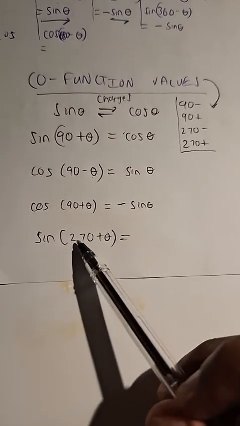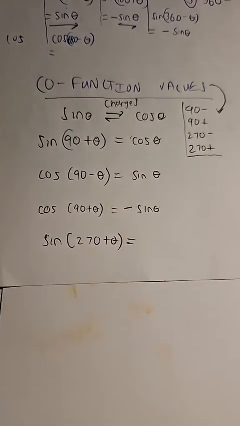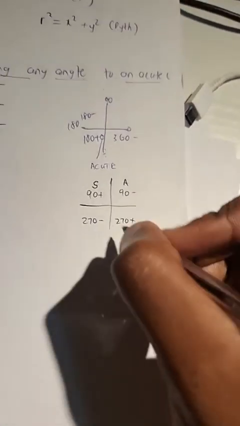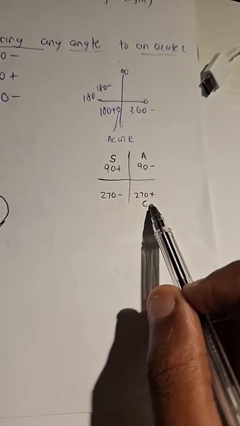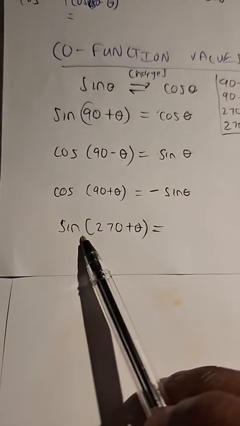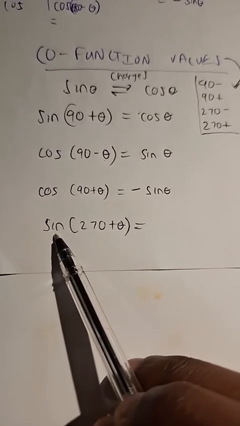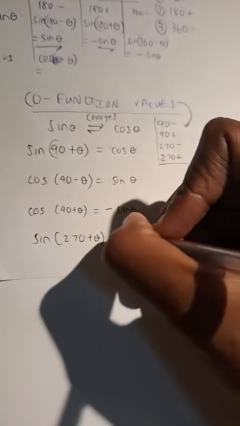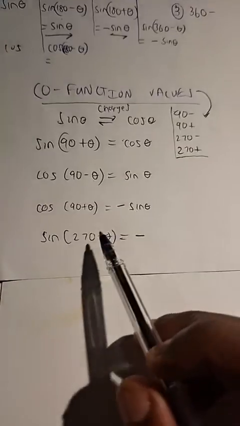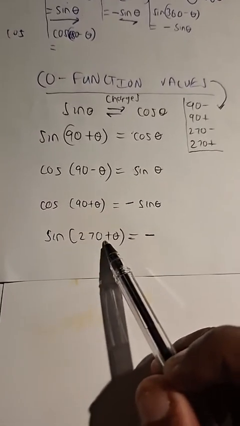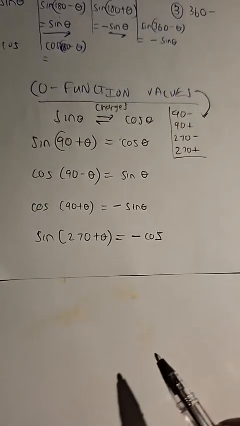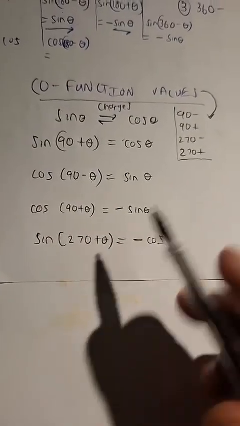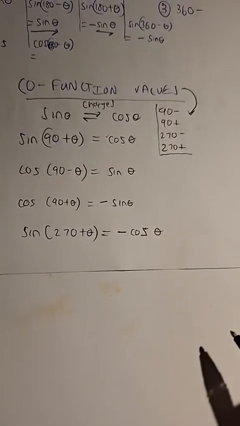So we ask ourselves, 270 plus, in which quadrant is 270 plus? 270 plus is in the fourth quadrant. And in the fourth quadrant, do we still remember who's positive? Yes, it's cos that's positive. But the trig ratio we've been given is sine. So how is sine in that fourth quadrant? It is negative. But because we are dealing with a co-function value, sine changes to cos. And then, of course, we write down our acute angle, which is theta.